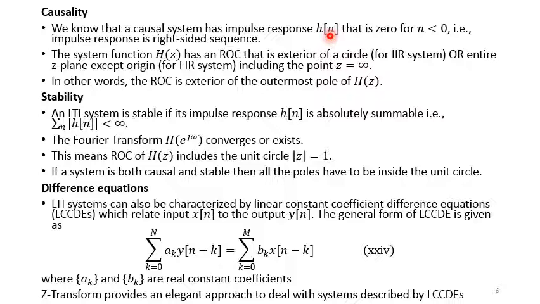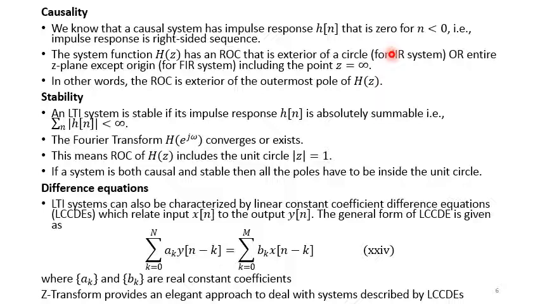Exactly in the same fashion, if the system function H(z) has an ROC, region of convergence, that is the exterior of a circle, this condition is for an IIR system, or infinite impulse response system. For an IIR system, if the ROC is the exterior of the circle, then we say the system is causal.